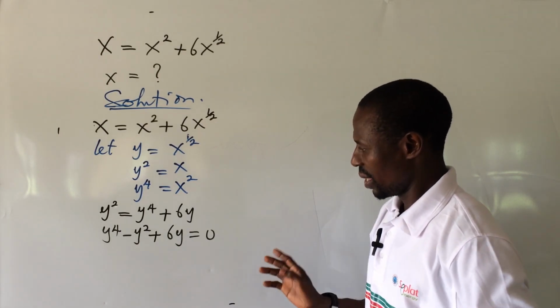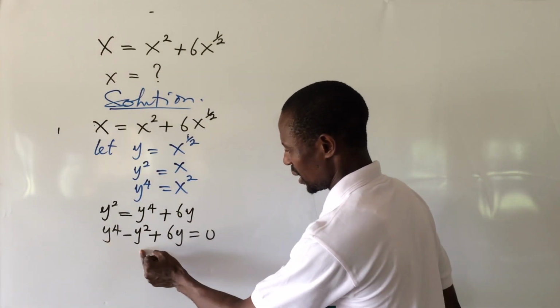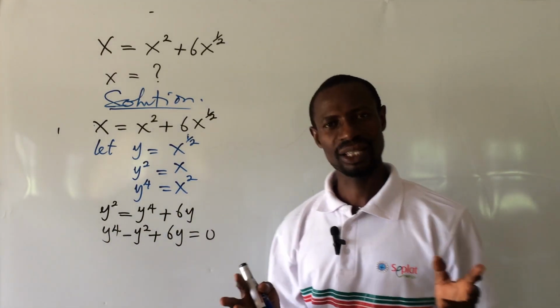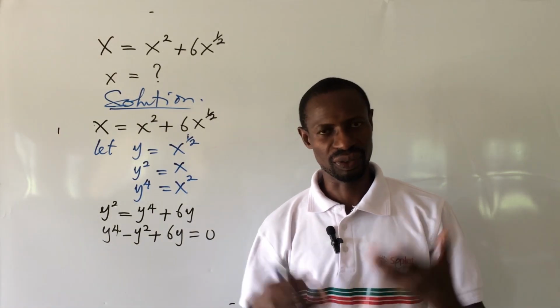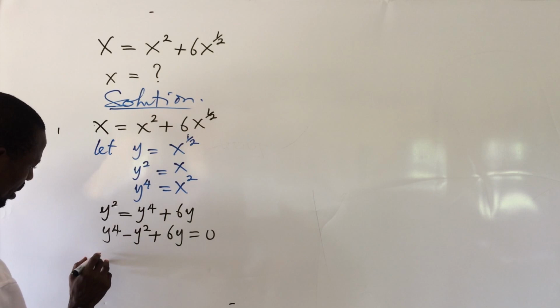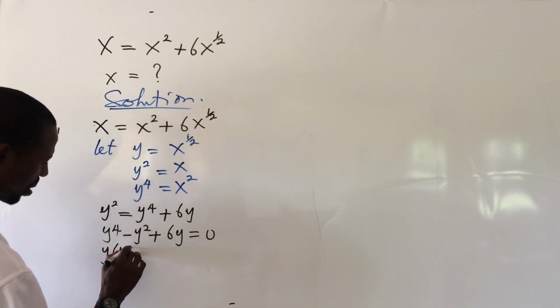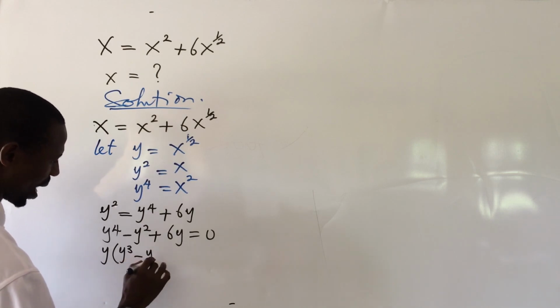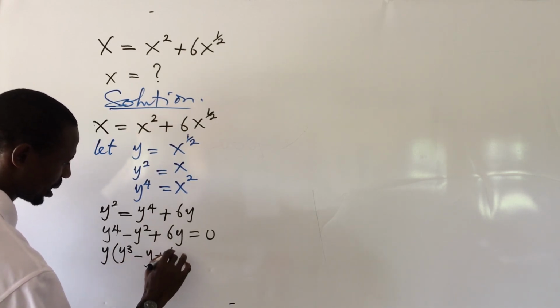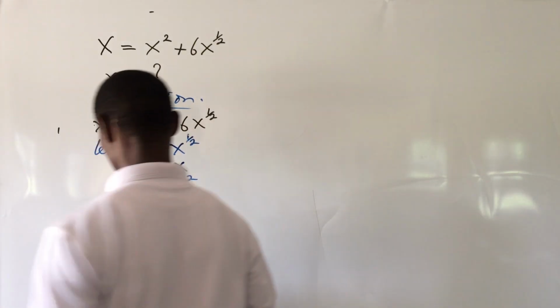So let's solve this. If you check carefully, y is common in every term, so let's factorize y out. We have y bracket of y to the power of 3 minus y plus 6 close bracket equal to 0.